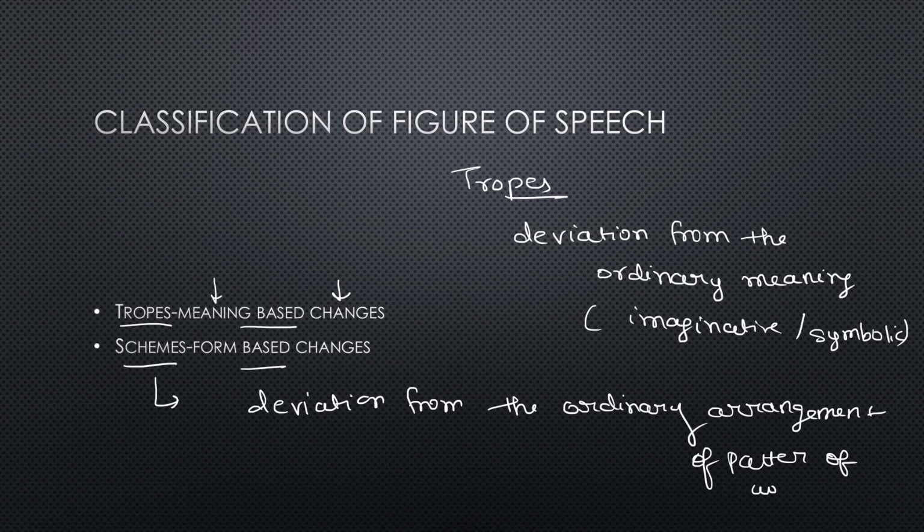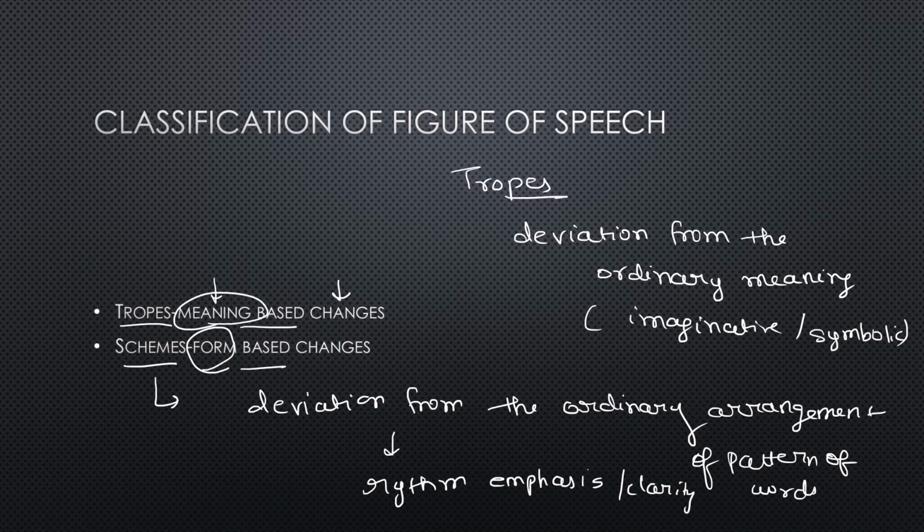So you will find that it will affect the structure or sound of a sentence to enhance the rhythm, to emphasize something, and to provide clarity. So here we are changing the form, wherein tropes have different meanings altogether.